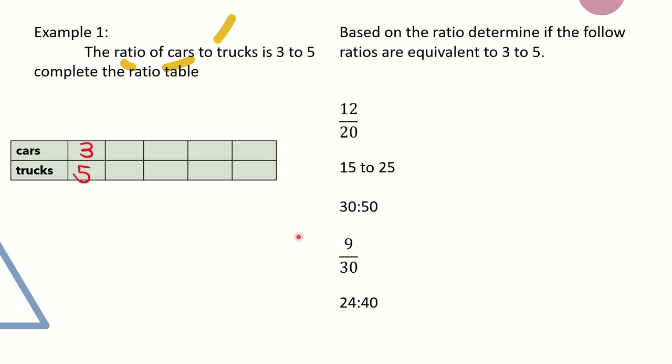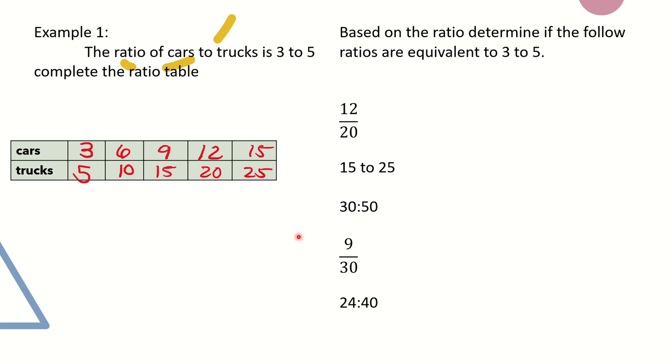And we could just continue by skip counting. So in this case, cars 3, 6, 9, 12, 15. Let's skip count on my trucks next, and then we'll write down each equivalent ratio. So 5, 10, 15, 20, 25.